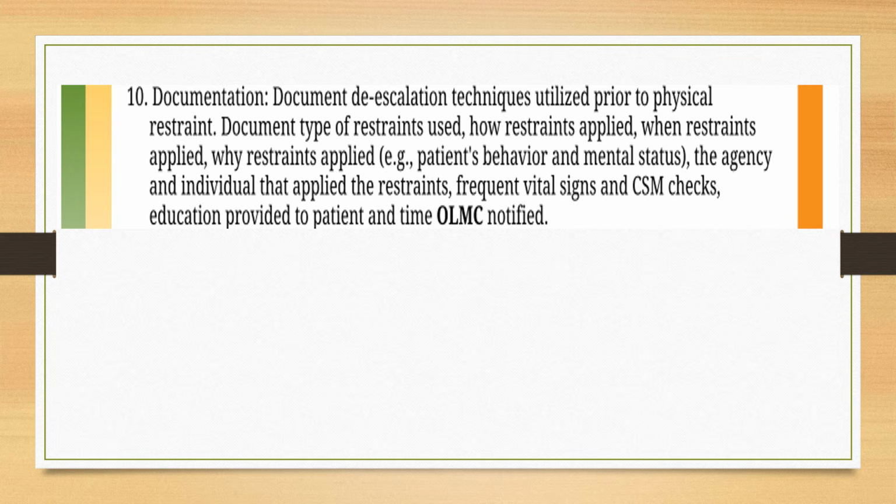Also frequent vital signs, CSM checks, and the education provided to the patient and the time online medical control was notified. With education, sometimes patients might be altered and keep on asking, why are you doing this to me? I didn't do anything wrong. You need to explain to them that they're being restrained for their safety or because of X, Y, and Z that they did. Just be honest and upfront with them. These are high liability calls because there's a high likelihood that this may end up going to court, especially if law enforcement was involved.